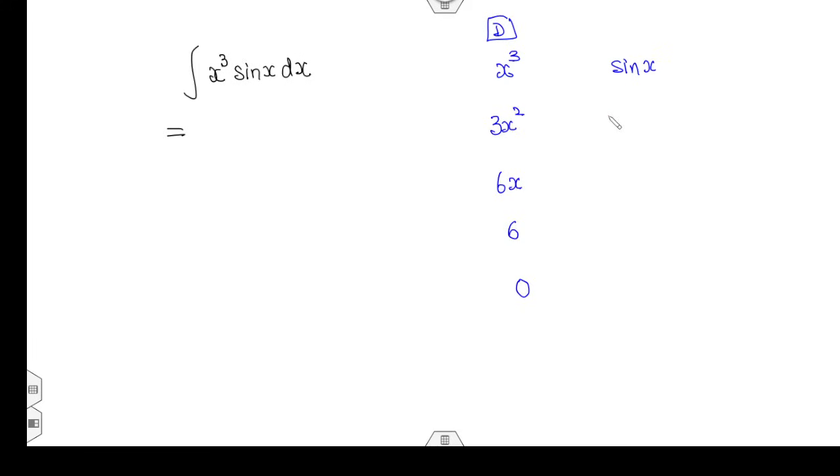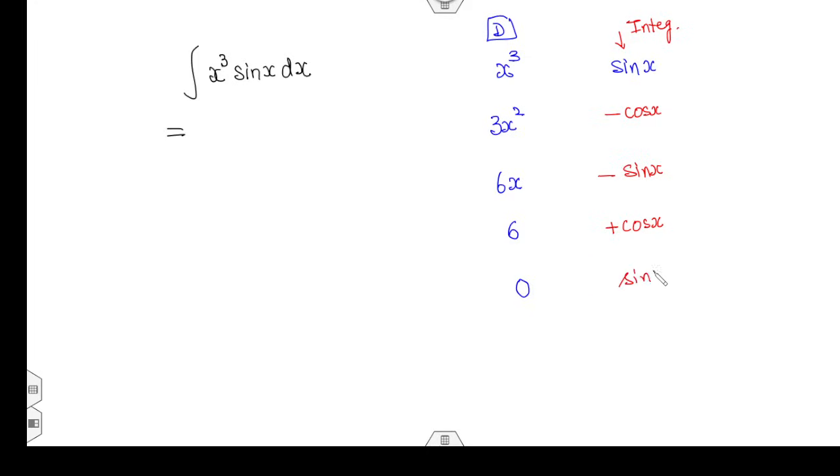Write the integration, minus of cos x, integrate on this side. Fine. First one is minus cos x, integration is sin x, integration is again minus, so it's a minus minus plus, again integration is cos x, integration is sin x.